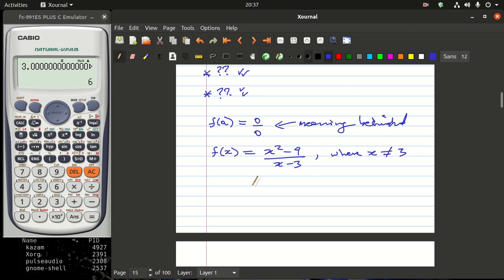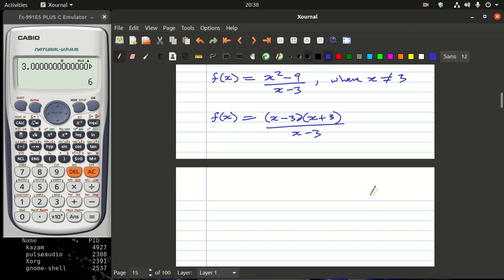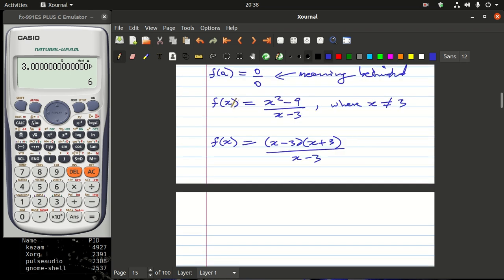I want you to plot this function. Of course, I don't know how to plot this function, but I know that f of x, I can factorize that and end up having x minus 3 and x plus 3 all over x minus 3. Whenever I'm plugging in a 3 here, I get 0 over 0.